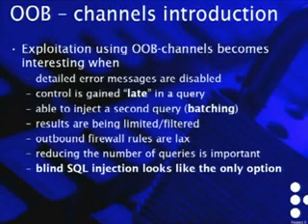When you're able to inject a second query through batching, when you do a semicolon and then you append a lot of SQL code after. And when results in some way are being limited or filtered, for example, you just get the first row of a table. And when firewall rules are lax, when you can open a channel back to one of your DNS servers or one of your HTTP servers or whatever.